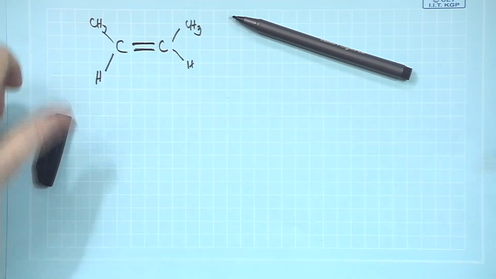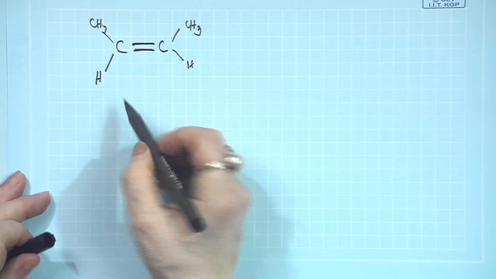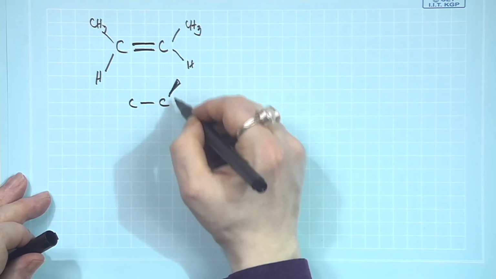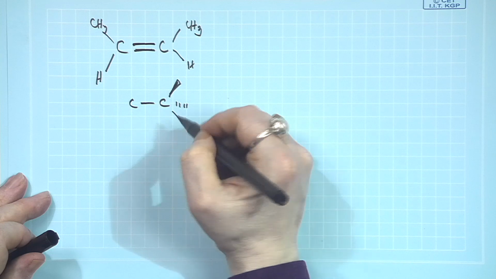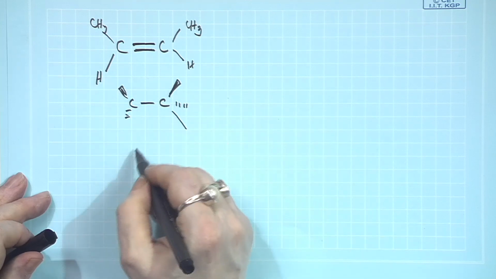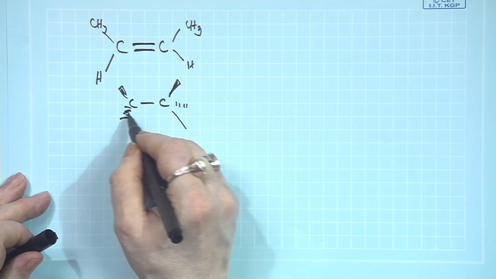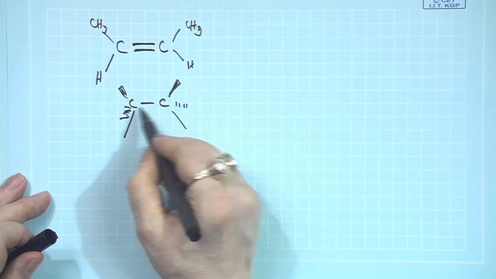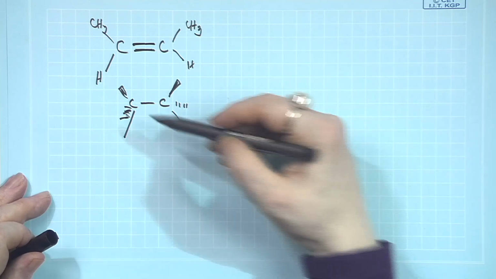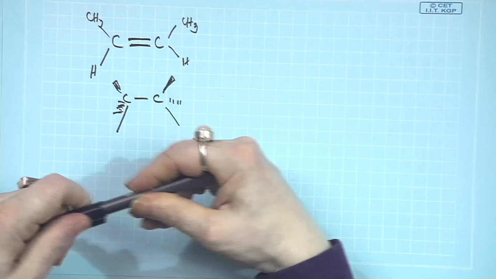But on the other hand, if you have a carbon carbon single bond and then you have 3 groups here, what happens? This carbon carbon single bond you can rotate, because you do not have to break any bond while doing the rotation.